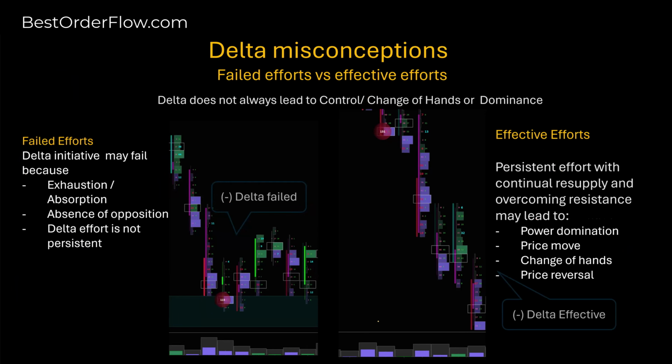Delta misconceptions mean that delta can produce failed actions, and based on the delta that failed, we also have other indicators.